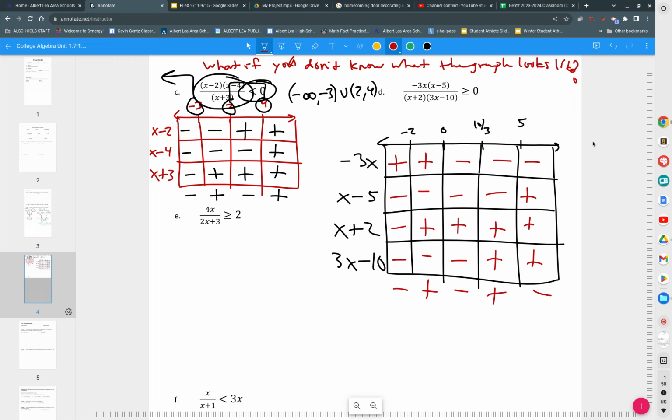Did you come up with the same table that I did? Are we wondering where this is positive or are we wondering where it's negative? Positive. We're wondering where it's positive.